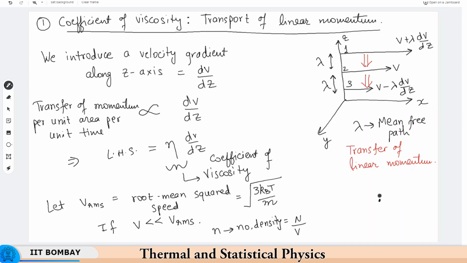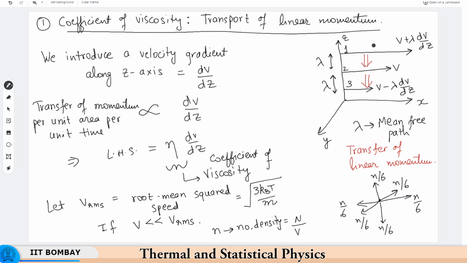We have six directions in which gas molecules can move, and on average there are n by 6 molecules per unit volume moving in the plus z direction, n by 6 in the minus z direction, similarly n by 6 in the plus x direction, n by 6 in the minus x direction, and the same thing with the y axis, right.